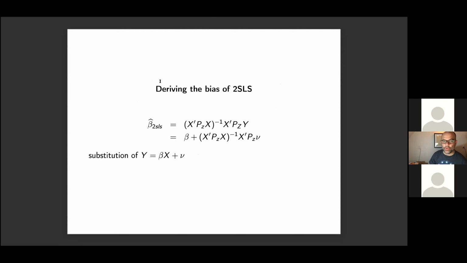Now what we're going to do is derive the bias of two-stage least squares. The bias of OLS, which we did a minute ago, was sigma eta V over sigma squared eta. Now we're doing the bias of two-stage least squares. We're going to see if it has anything to do with that.